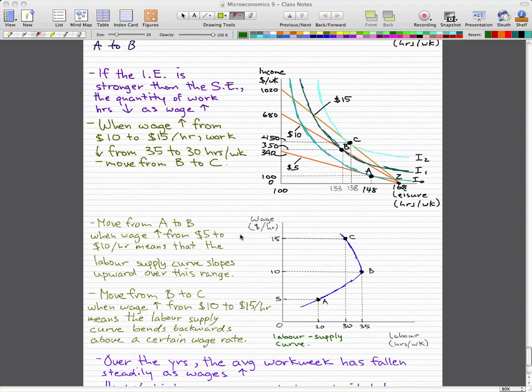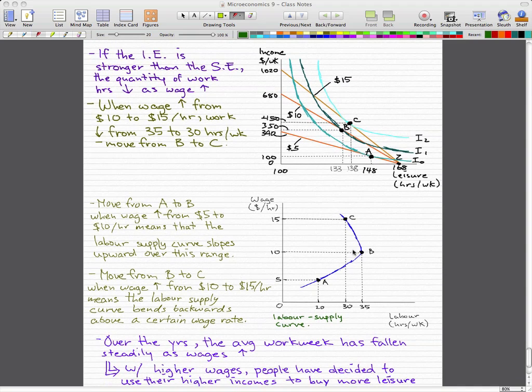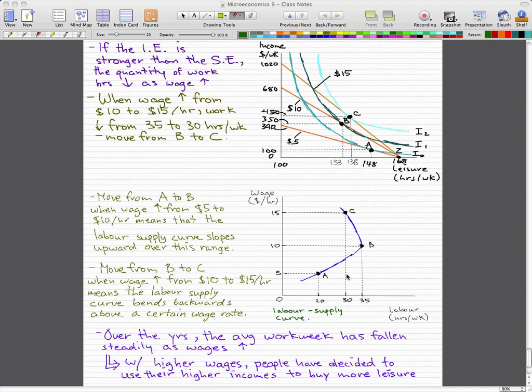So above a certain wage rate, which in this case is 10, the labor supply curve will actually bend backwards from point B. So at 35 hours per week or $10 per hour, if we give them any more of a raise, the labor supply will actually bend backwards.